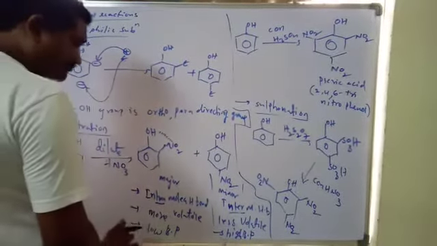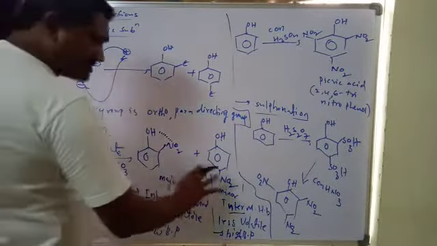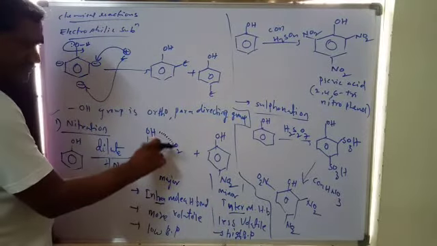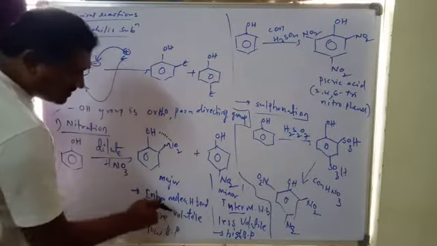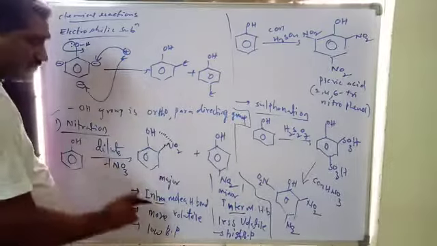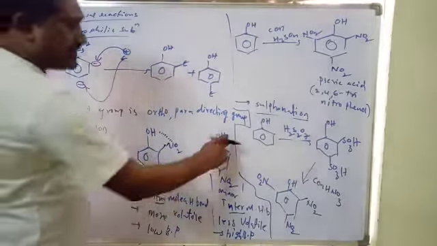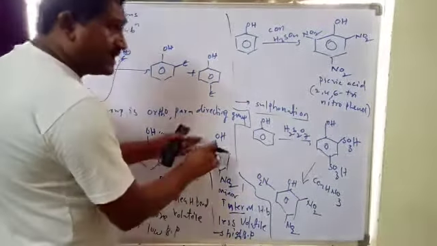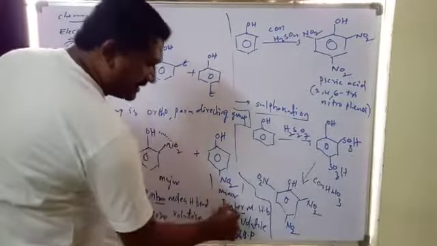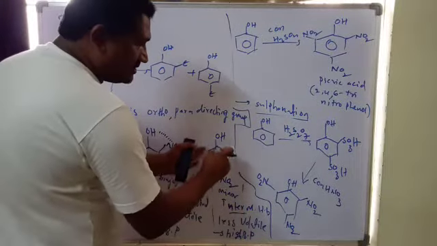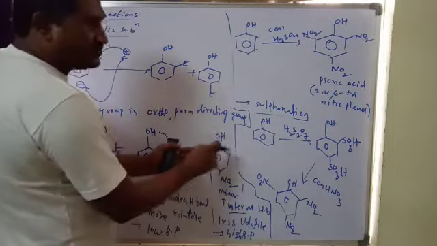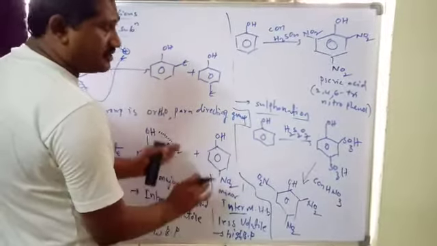So here, both characteristics: ortho-nitrophenol has an intramolecular hydrogen bond, within the molecule, whereas para-nitrophenol forms intermolecular hydrogen bonds, because the groups are far away and intra is not possible.